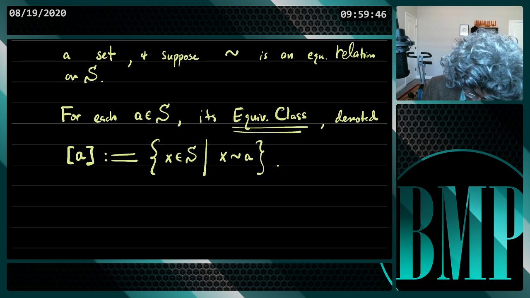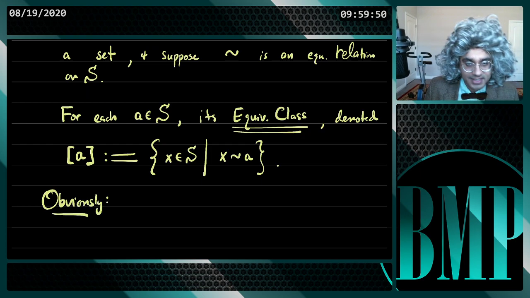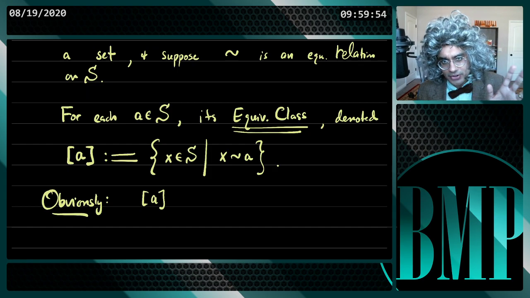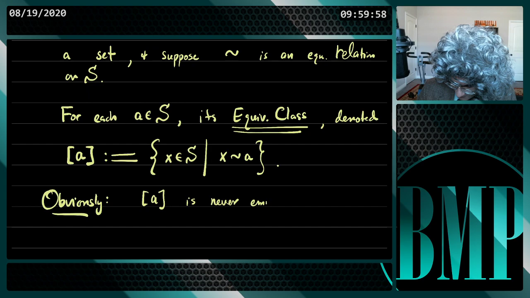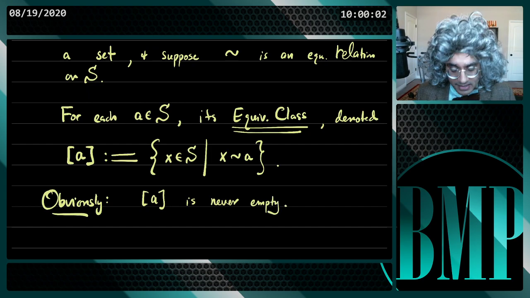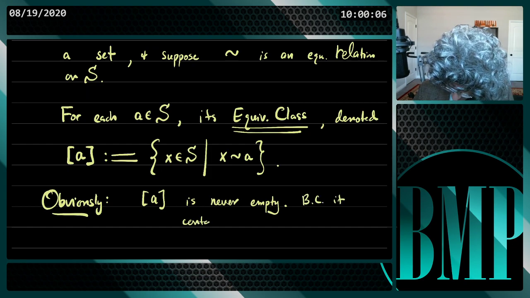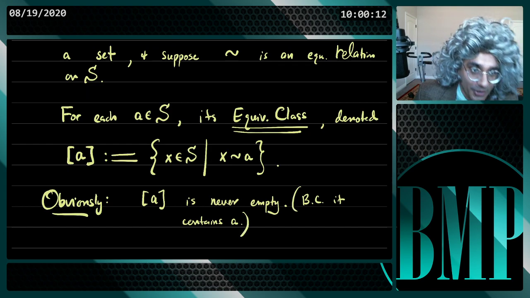So obviously, notice that the equivalence class of A is never empty, because it contains the element A. A is always equivalent to A.